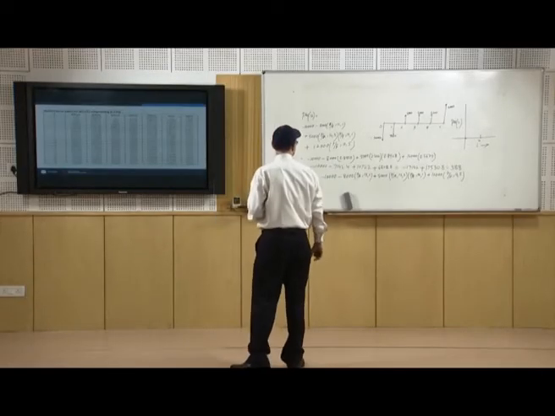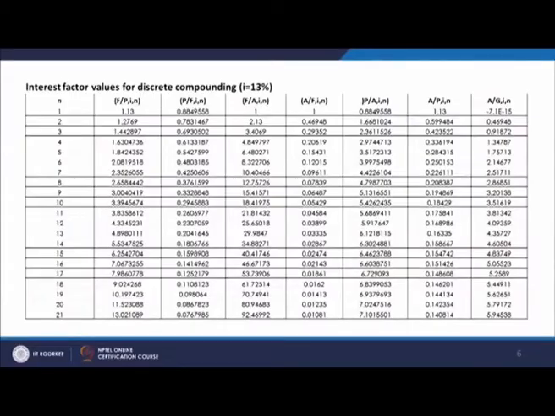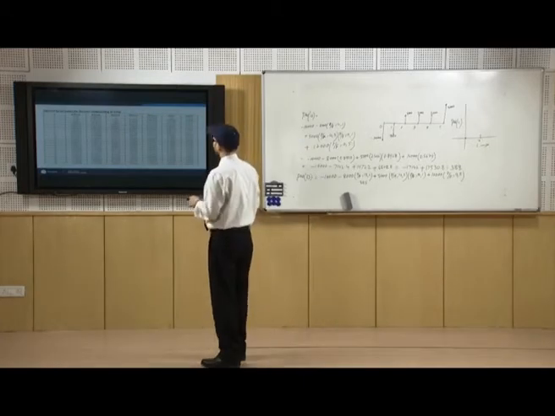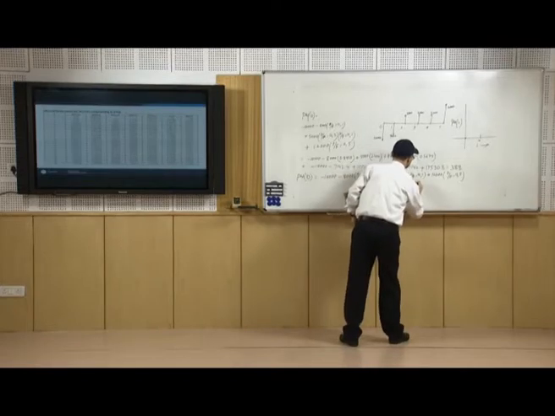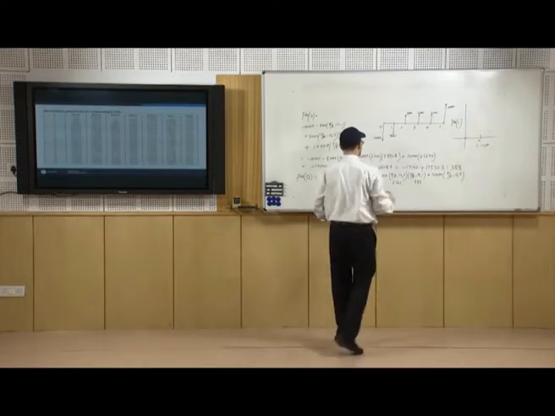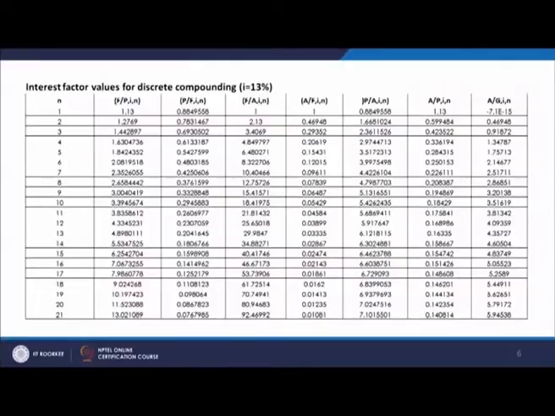In the 13%, P by F 13,1 is 0.8849, so 0.885. P by A 13,3 is 2.361. And P by F 13,5 is 0.5427, so 0.543 we can take.